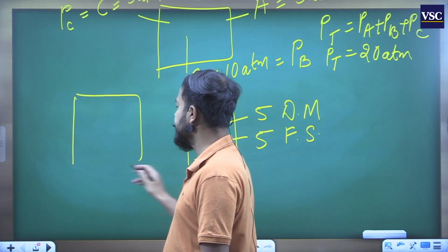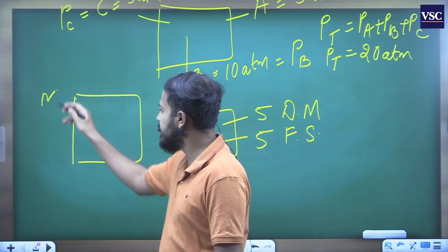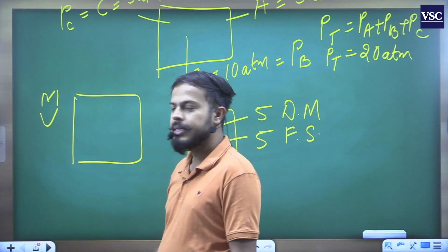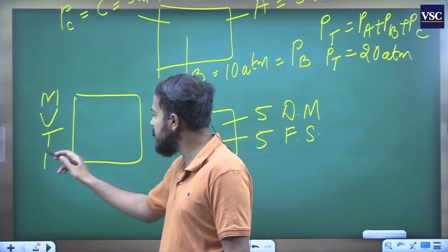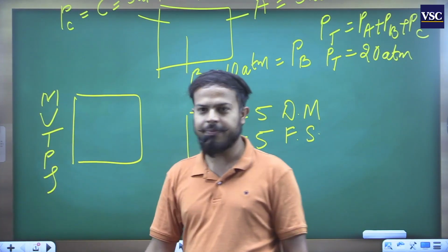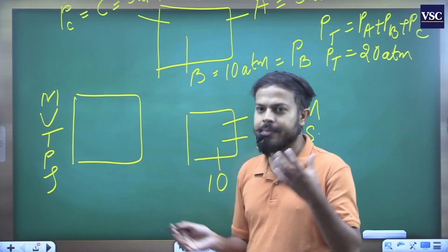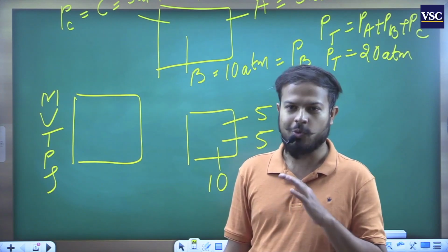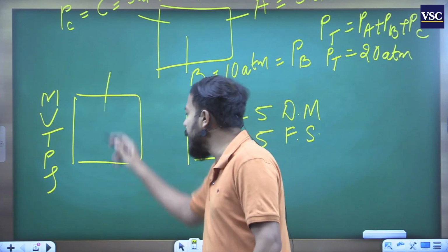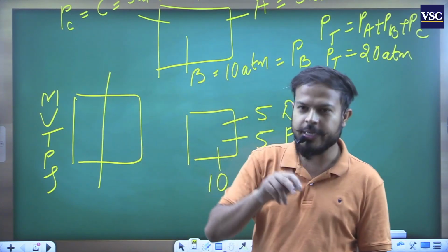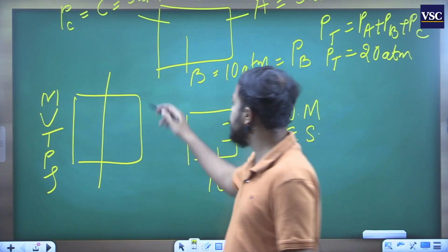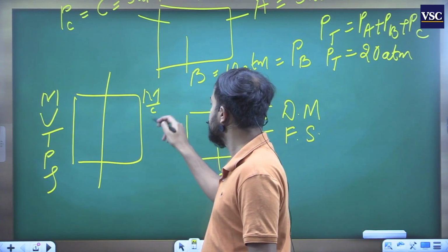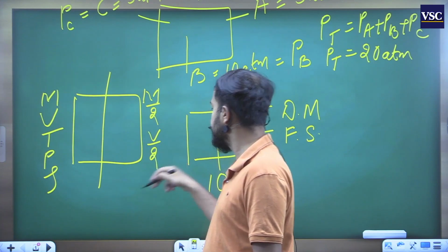If I take a container, its mass is m, its volume is V, its temperature is T, pressure is P, and density is rho. Cut it into half. If you cut it into half, what will you get? The mass will get halved. The volume will get halved.